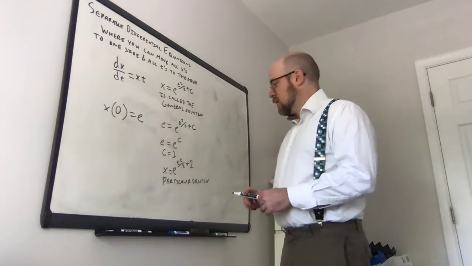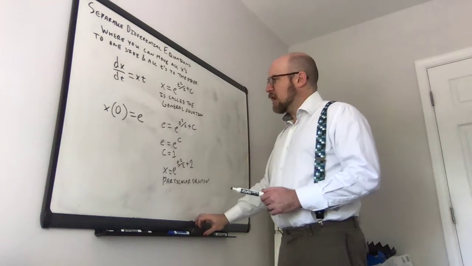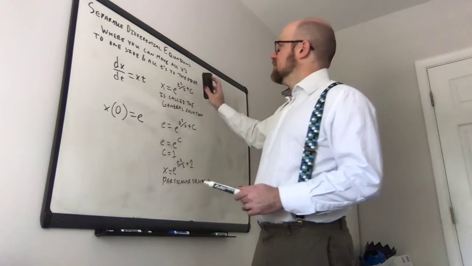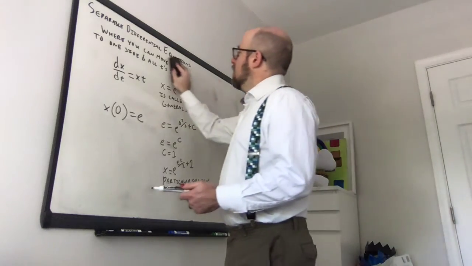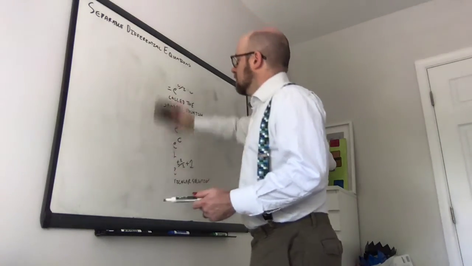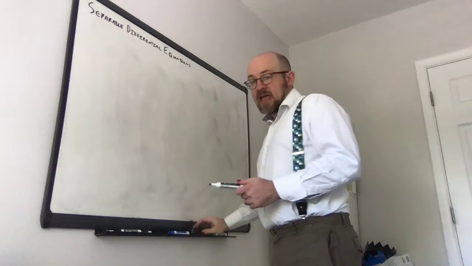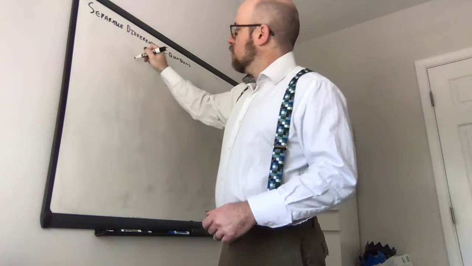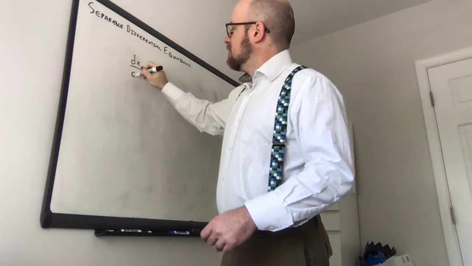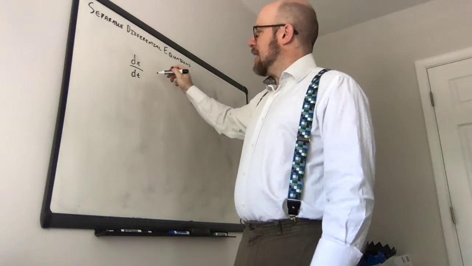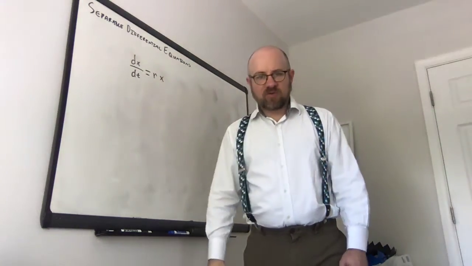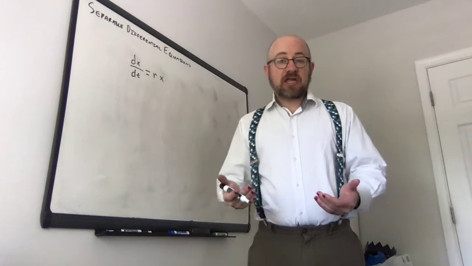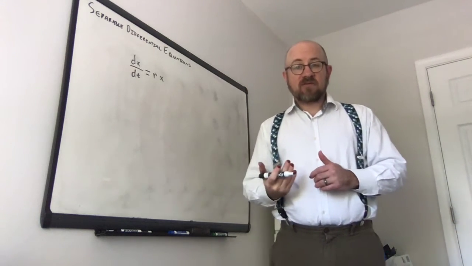Okay? So let's talk about some other separable differential equations. A lot of differential equations we really like are separable. One, if you've got a recurrence relation, a differential equation now in the continuous sense, that looks like this, dx/dt equals rx, so the change is some constant multiple of what was there before.